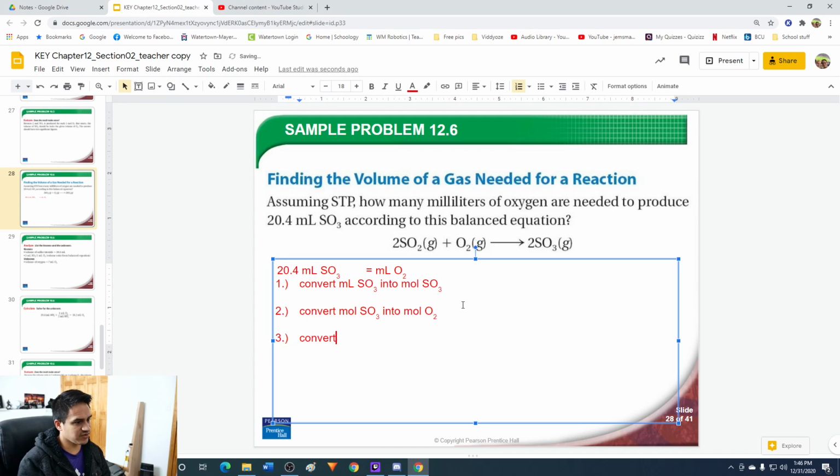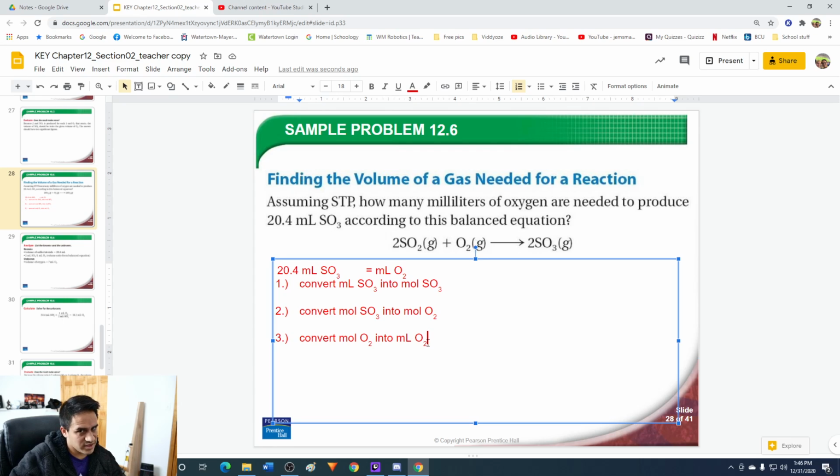And lastly, we're going to convert moles of O2 into milliliters. Okay, now this is what we have written down. We're going to convert milliliters of SO3 into moles of SO3, convert moles of SO3 into moles of O2, then convert moles of O2 into milliliters of O2.